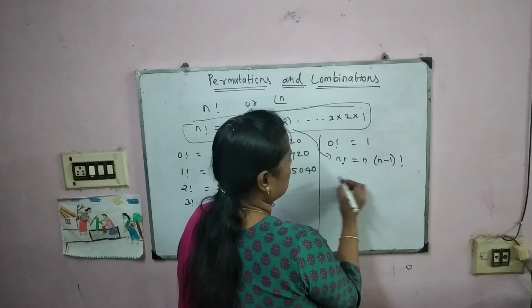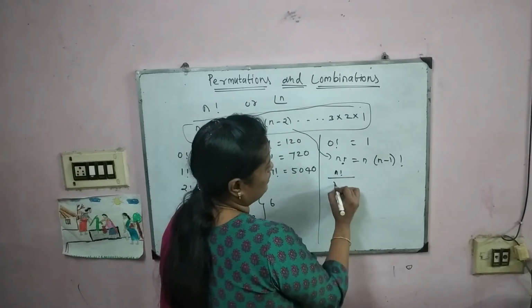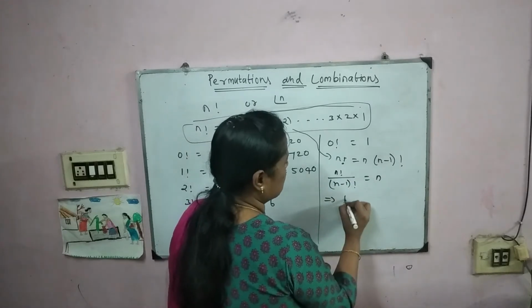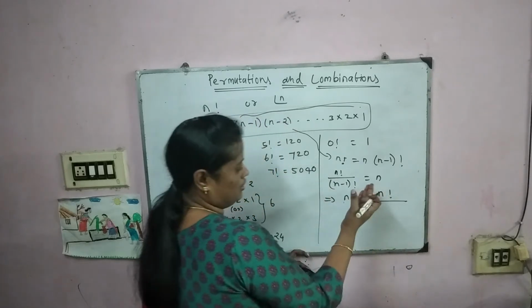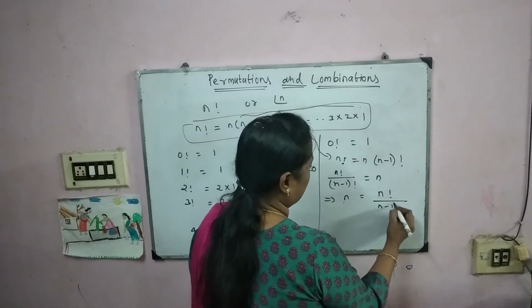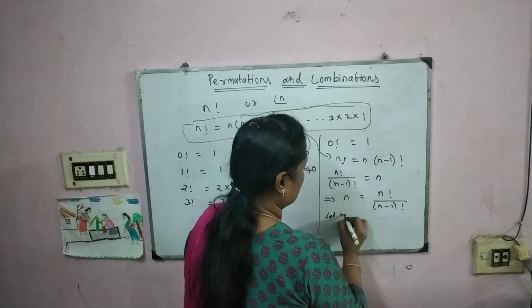Can I write this as n factorial divided by n minus 1 factorial is equal to n? Rewriting with the left-hand side, n equals n factorial divided by n minus 1 factorial. Let's substitute n is equal to 1.